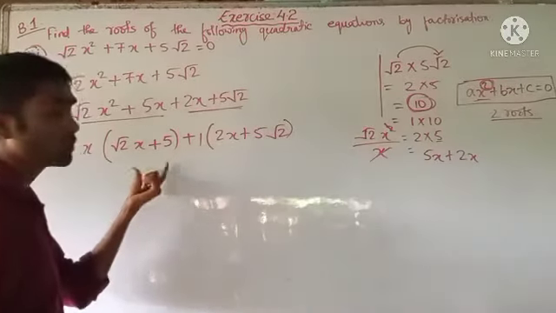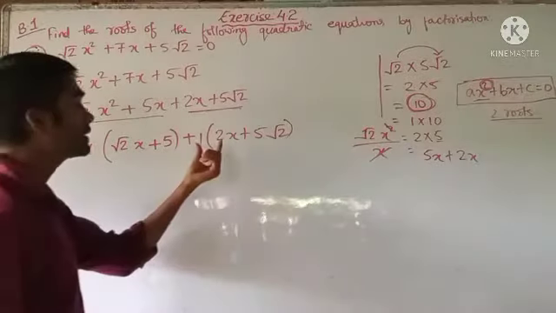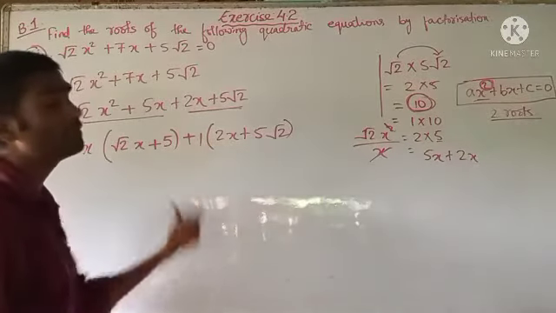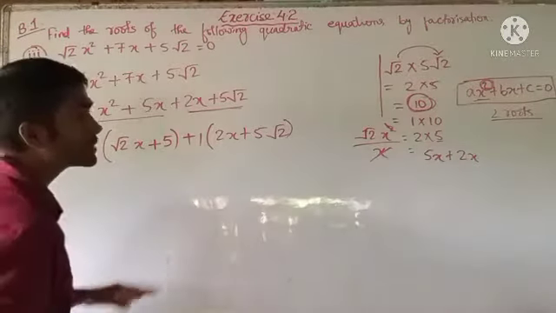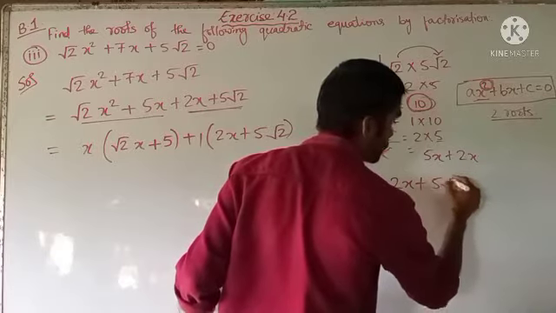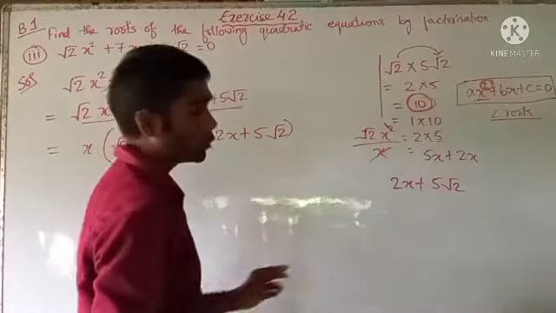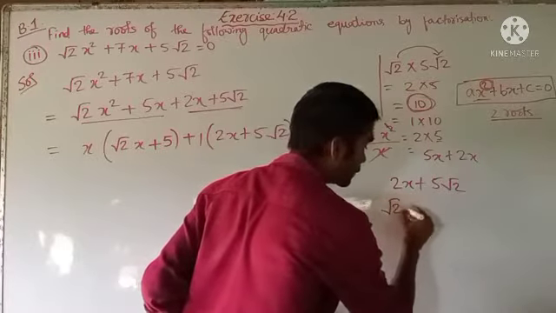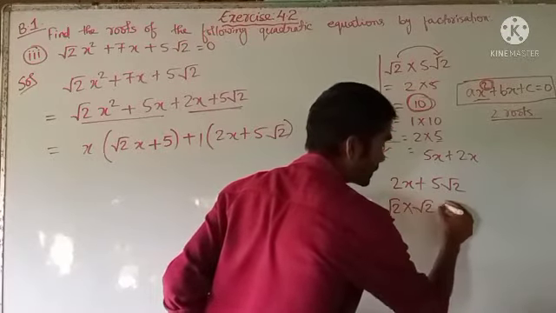That is, they are not common. So we will take the common factor in such a way that inside both brackets we get the same values. So here, 2x plus 5 root 2, this 2 we can split in this form, that is root 2 into root 2 x.